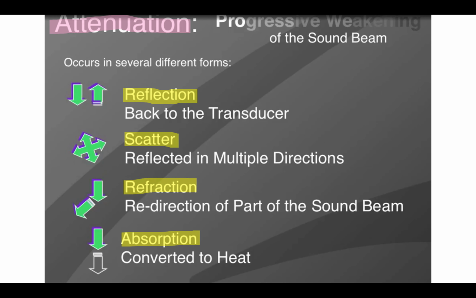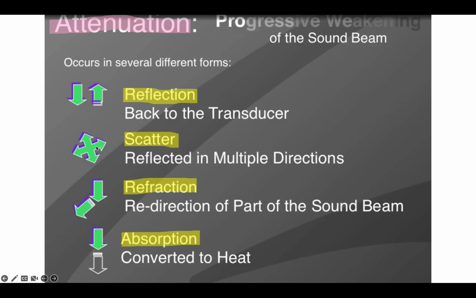So when ultrasound passes through tissue, there's always attenuation of the energy of the ultrasound beam. It progressively weakens, and this occurs in several different forms. Some of the sound, of course, reflects back, and this process is called reflection.